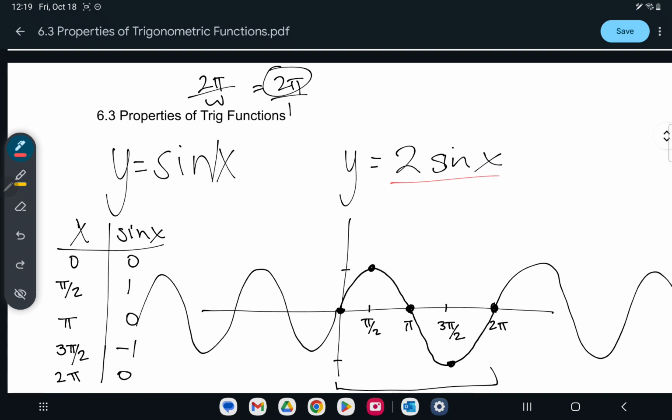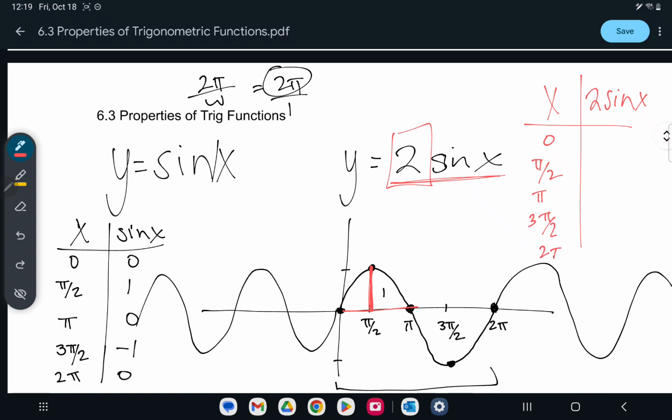Now let's do 2 sine of x. So the difference here is our amplitude is 2. Amplitude is this distance here. So in sine of x, amplitude is 1. In 2 sine of x, it's going to be 2. So if I make a table of values here, we can use the same numbers. So 0, pi over 2, pi, 3 pi over 2, and 2 pi.